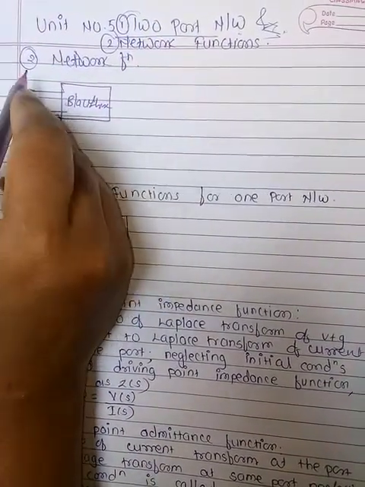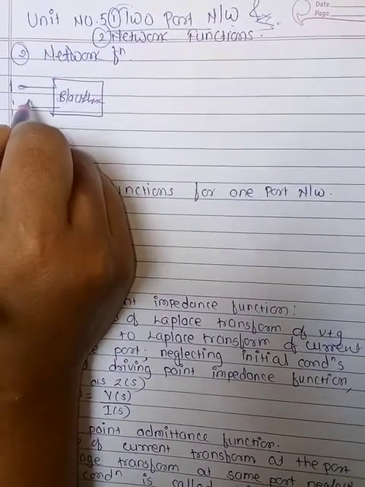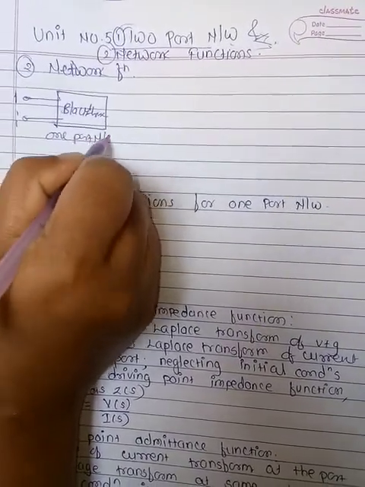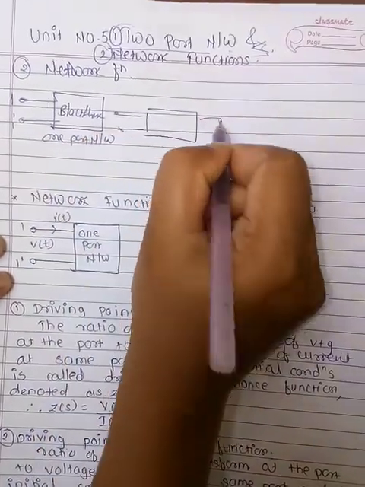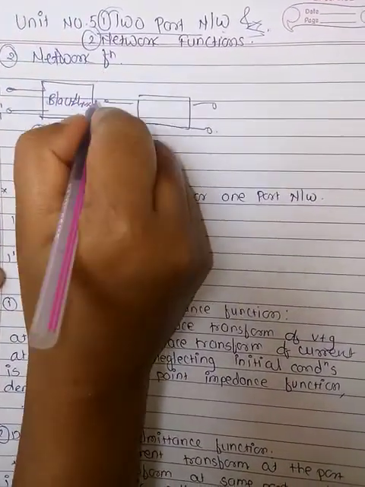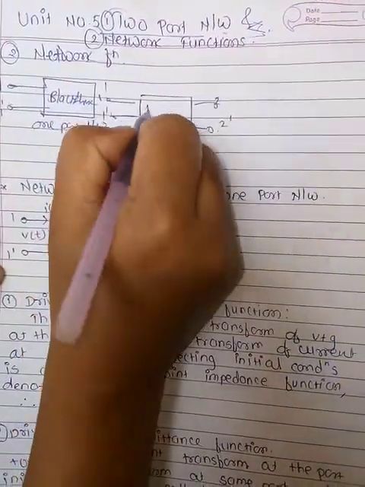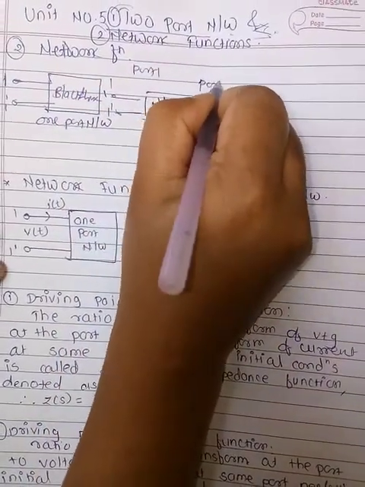If a network has only one port, it is called a one-port network. If a network has two ports, or two pairs of terminals, that is 1-1' and 2-2', it is called a two-port network. This is port 1 and this is port 2.